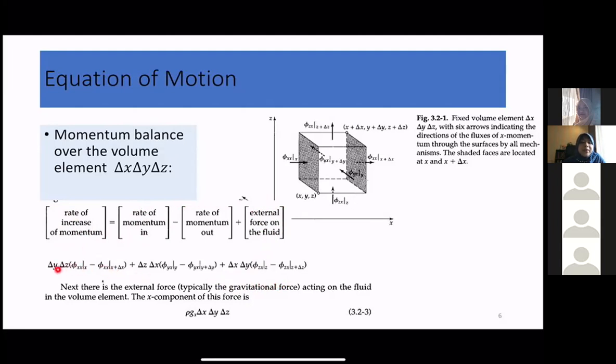Okay, so with the similar one, this would be equal to the rate of momentum in with respect to xx, and then with respect to xy, and also with respect to yz, again multiplied with the area. There is an external force, and for example for the x component, it is rho g in the x direction, multiplied with the fixed volume element, which is delta x, delta y, and delta z.